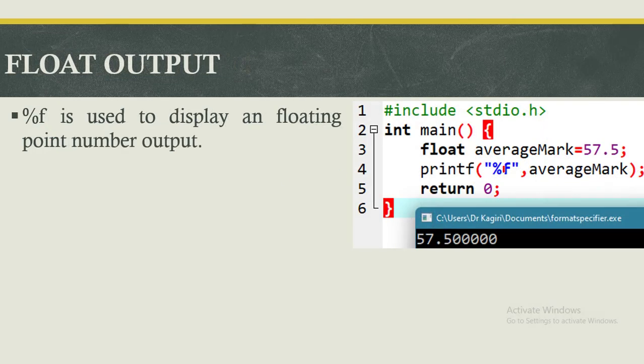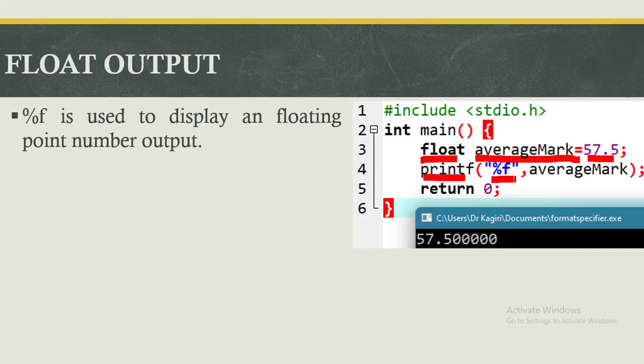Next is this example. We have declared a variable called average mark that is of data type float, and we have stored that particular mark there. We want to display that mark. As usual, we need to know the name of the storage location that stores our value, and to do that we use the printf statement. We first specify the format specifier.